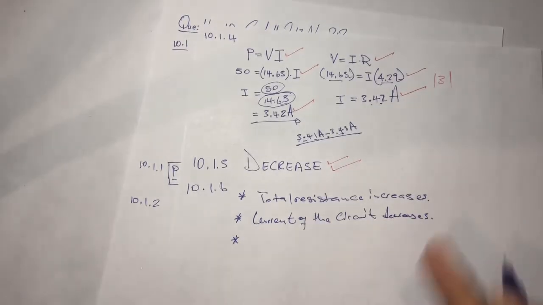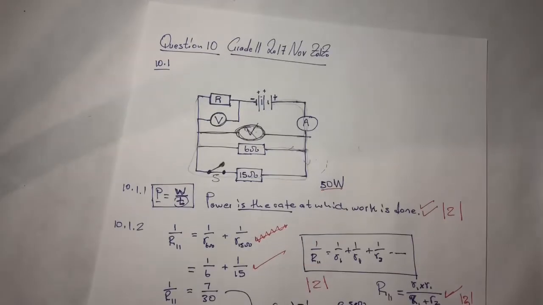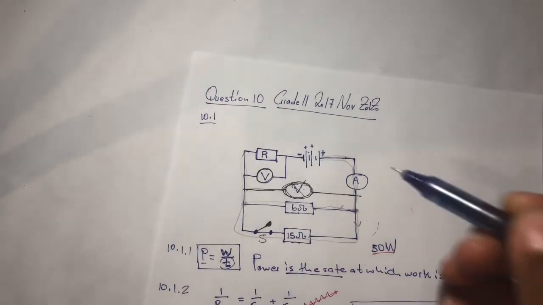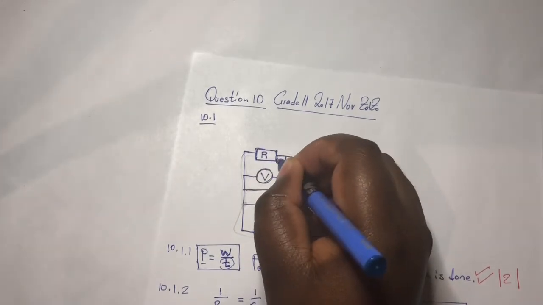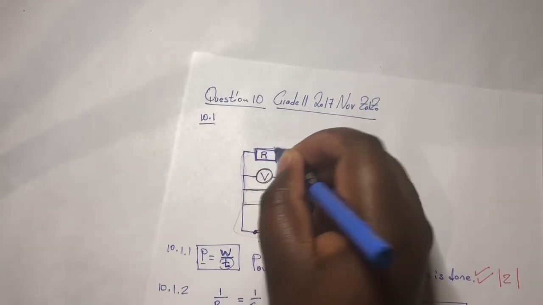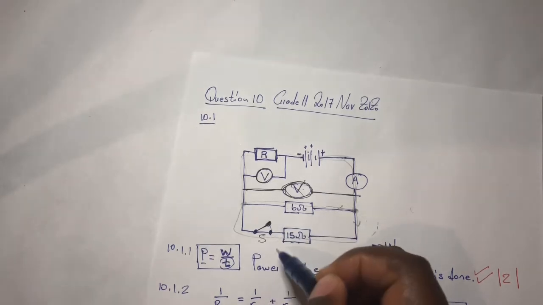So that's the second point that you can mention in your statement when you explain the reasons to your question of 10.1.5. So you can also include a point that the current of the circuit decreases. And again, remember guys, the resistance of resistor R is constant. It doesn't change when you either close or open the switch.